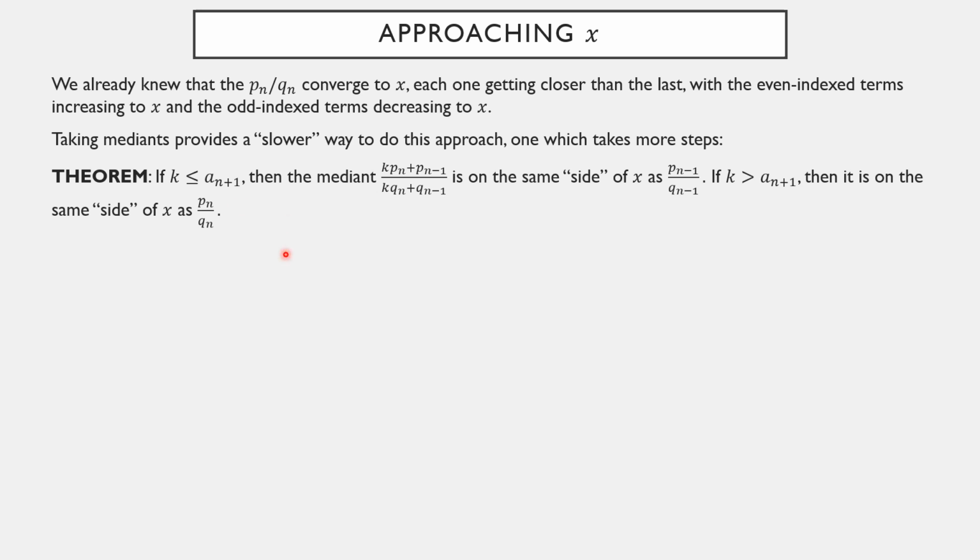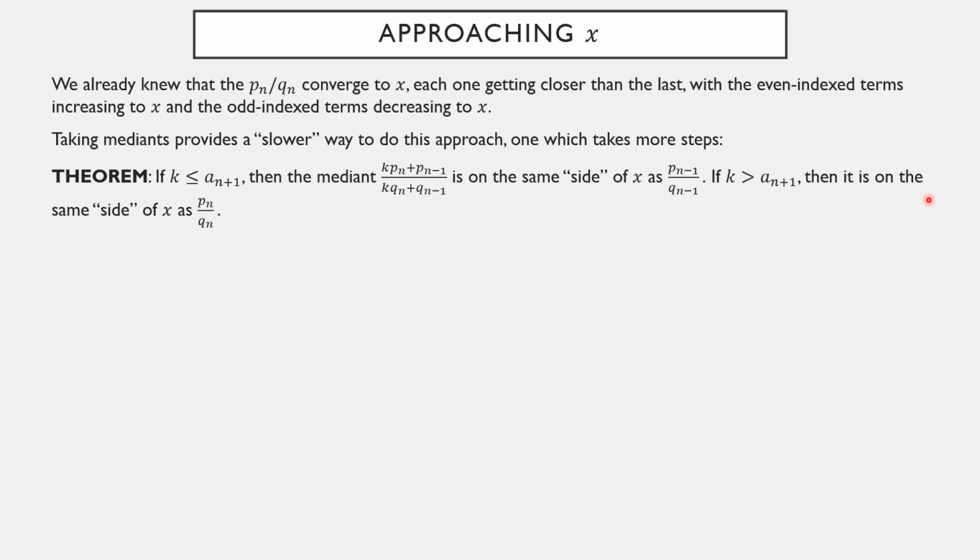Suppose you take k, which is less than or equal to the partial quotient aₙ₊₁, and construct this mediant-looking thing. It is on the same side of x as the term pₙ₋₁/qₙ₋₁. In other words, as you take these mediants up to the partial quotient aₙ₊₁, you stay on the same side of x as the lower index convergent that you're using to build this mediant.